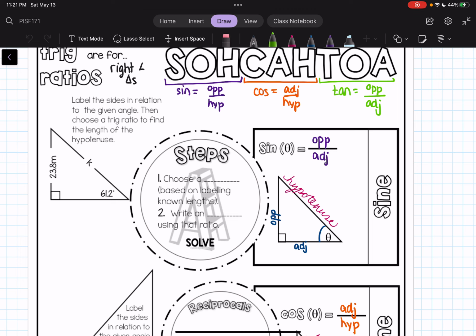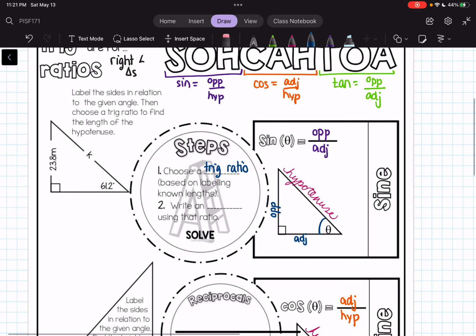So the first step is we're going to choose a trig ratio based on labeling our known lengths and what we're looking for. Then we're going to write an equation that uses that ratio and whatever we're looking for, and we're going to solve.